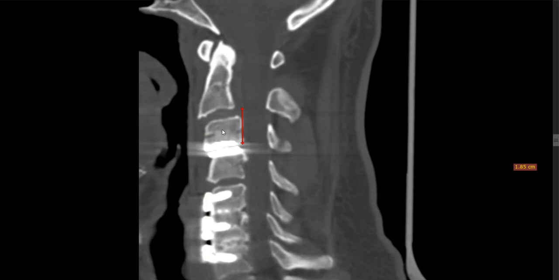But because C2, 3, 4, and 5 have free-floating ability, anatomically speaking, for the patient, this being locked up could obviously cause problems that are segmented upward.